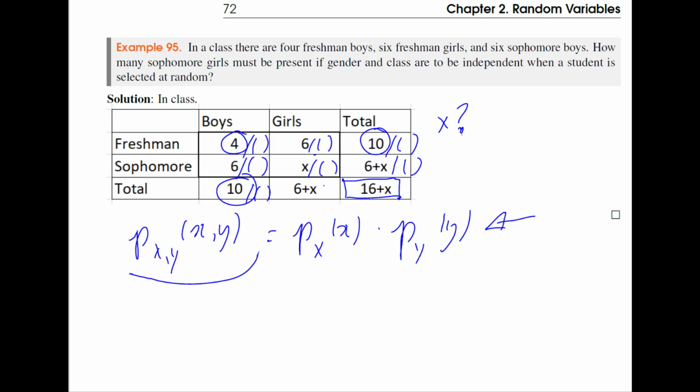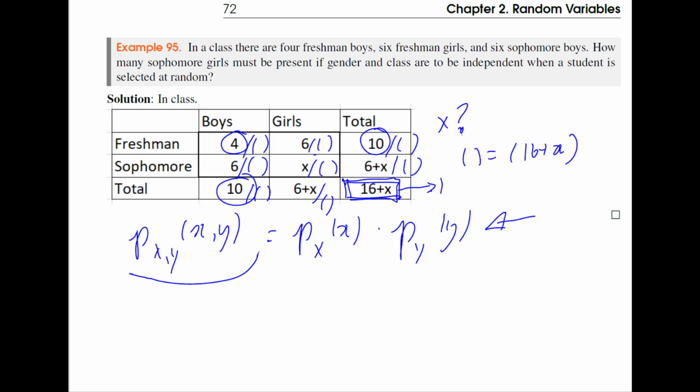So every entry you divide by that and you get probabilities. Obviously this cell would be 1 after you divide it by itself.